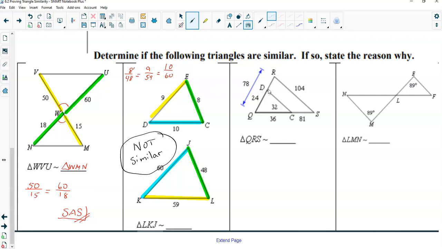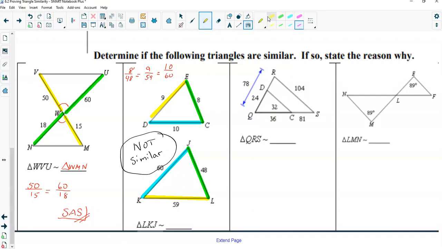The third example I want to check. The two triangles that I'm checking are this big triangle right here and this small triangle right here, because they are similar if these two lines are parallel. If these two lines right here are parallel, then these two triangles are similar. So that's what I am checking. So what do I know?